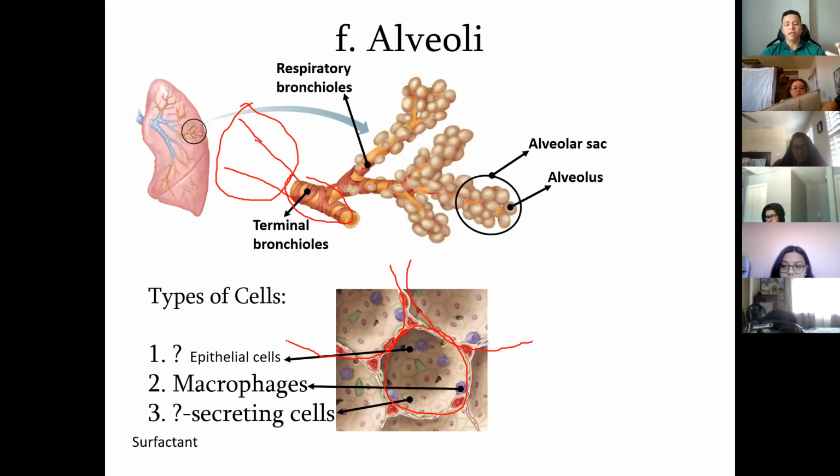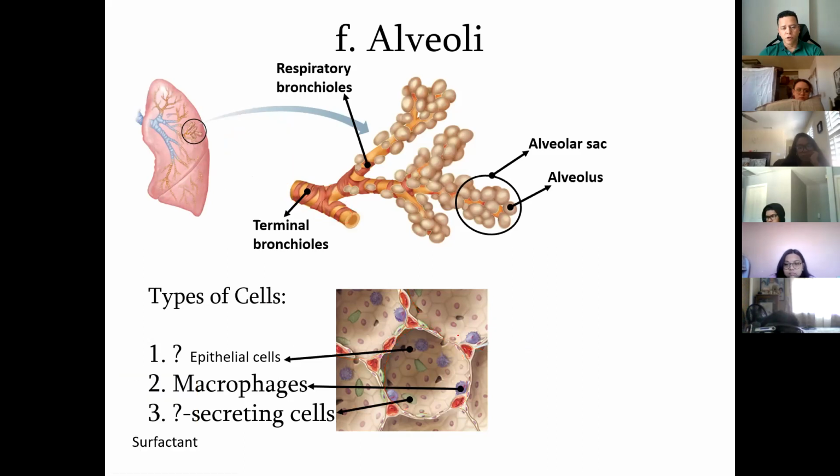Surfactant decreases the surface tension of water to allow the exchange of gases between the alveolus and the capillary in the lung, okay? Guys, what are you looking at right here in red? Let me show you. There's one over here, another one here. These are showing capillaries that are bringing blood from the heart to the lungs so that the blood can be oxygenated, okay?